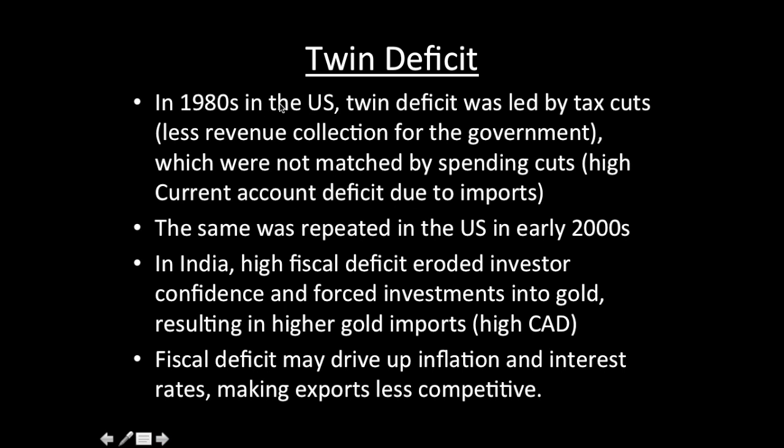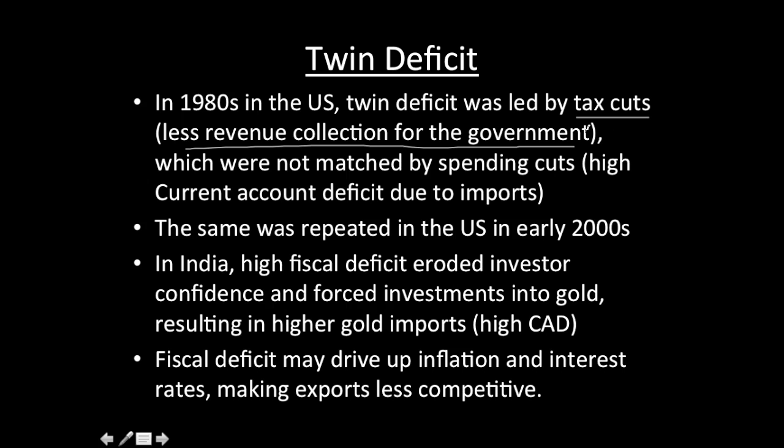What is twin deficit? In the 1980s in the US, twin deficit was led by, so twin deficit can result from a variety of situations. It is not only a single chain reaction. There may be multiple chains, or there may be a web-like structure in twin deficit. The first, which happened in the 1980s in the US, was when there were high tax cuts. Taxes were reduced. What was the result? Less revenue collection for the government.